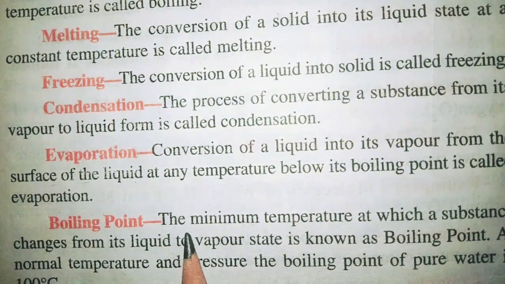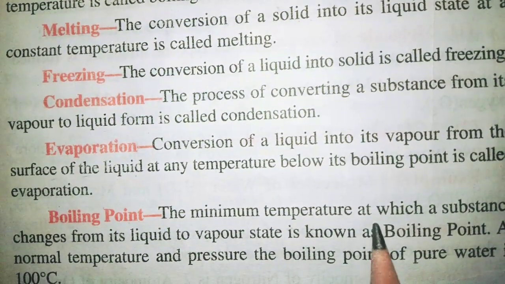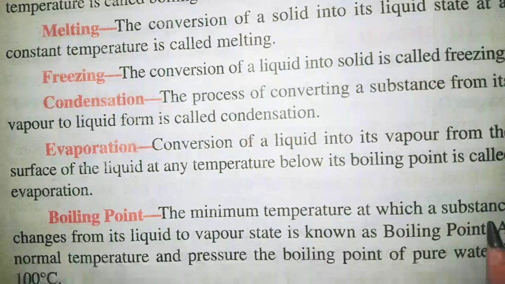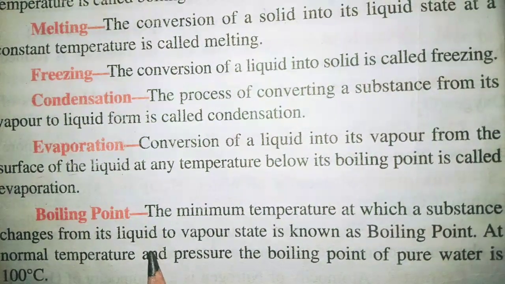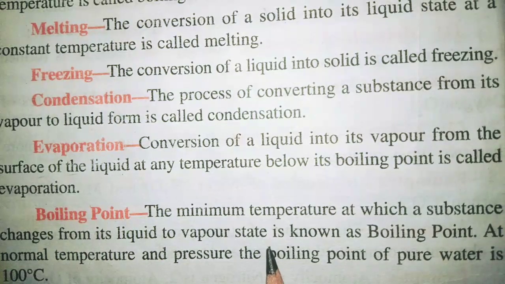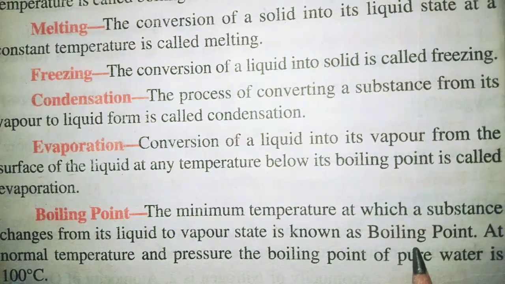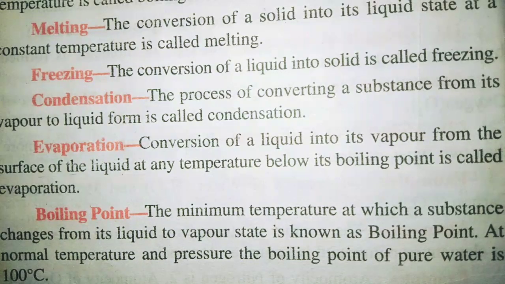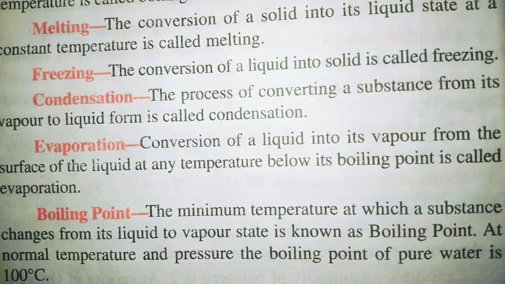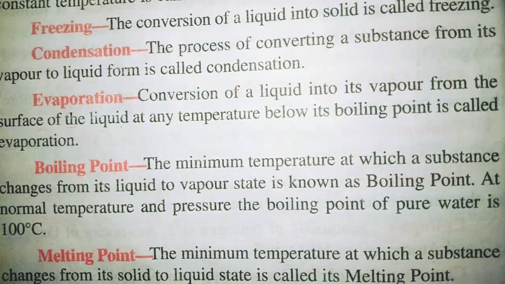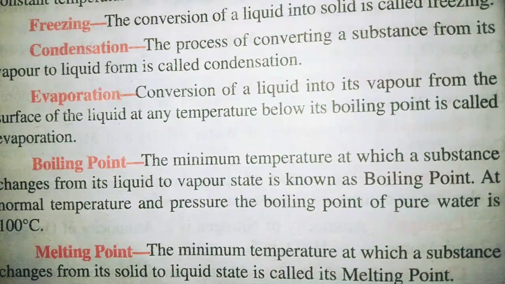Boiling point. The minimum temperature at which a substance changes from its liquid to vapor state is known as boiling point. At normal temperature and pressure, the boiling point of pure water is 100 degrees Celsius. Melting point.